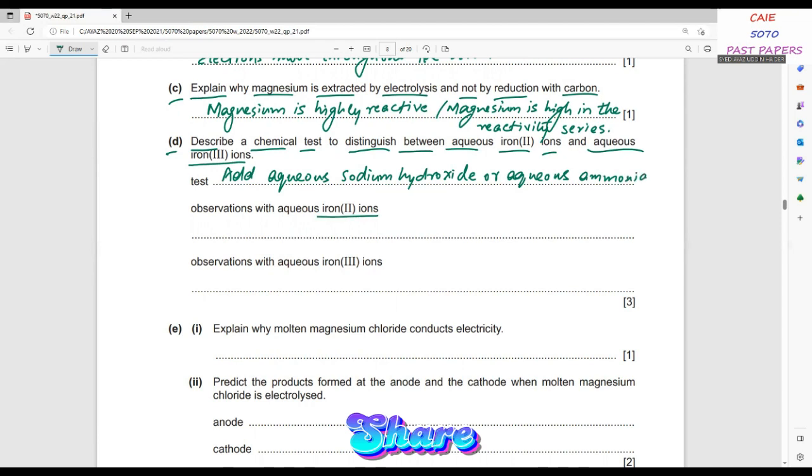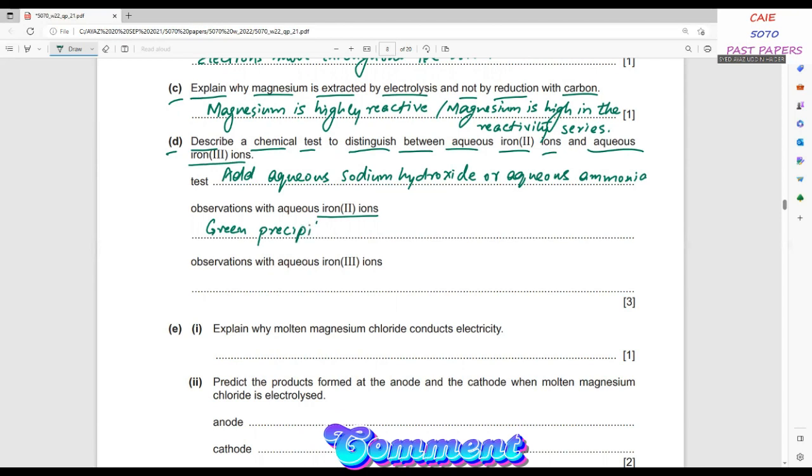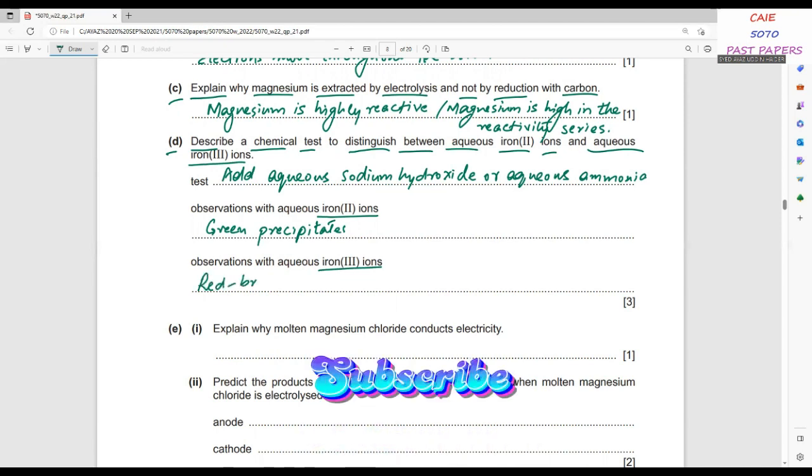Iron 2 ions always give green precipitates. And iron 3 ions give reddish brown or red brown precipitates.